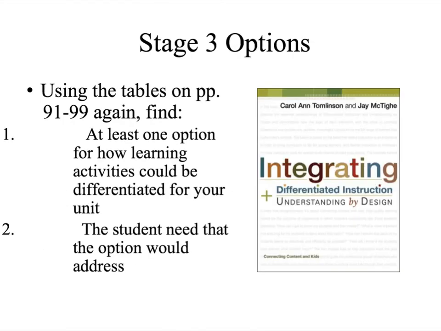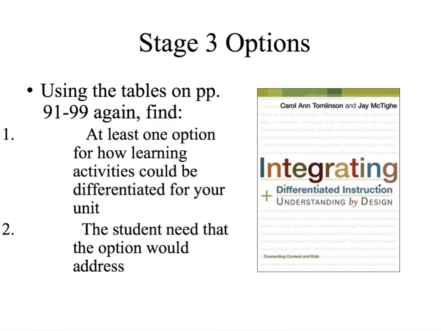All right, so let's try this out, and you're going to be responding to the post titled "Stage 3 Options" for this week, and I want you to use the tables on pages 91 through 99 in your Differentiated Instruction in UBD book as a resource for this activity.